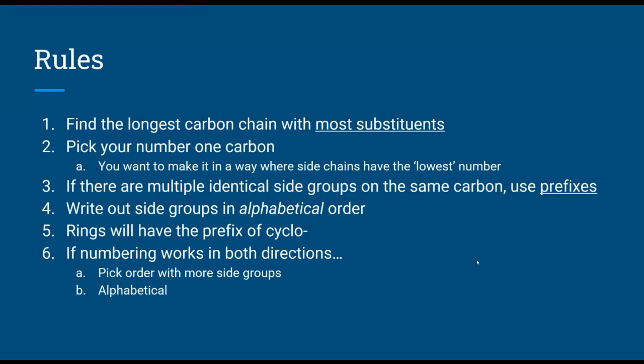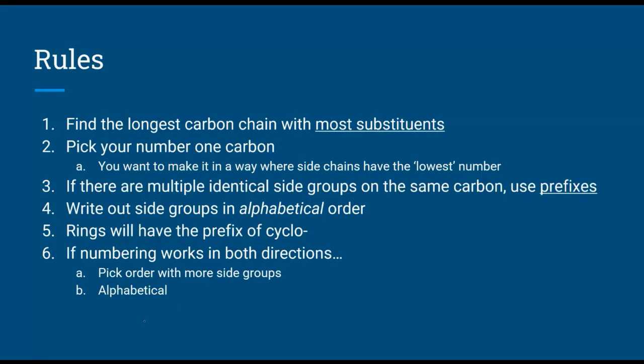And so you want to make this in a way where it decreases the numbering. And we're going to talk about that later with some examples. If you have multiple identical side groups, then you have to use prefixes. So this is if you have 2 methyl groups, then you need to indicate that with a di prefix. Or if you have 3 ethyl groups, then it's a tri prefix.